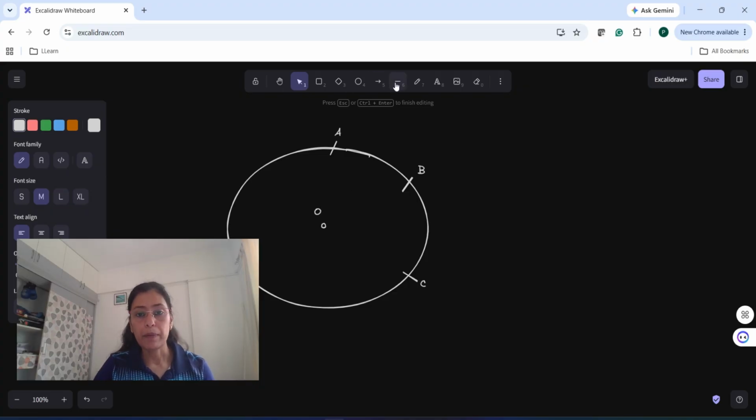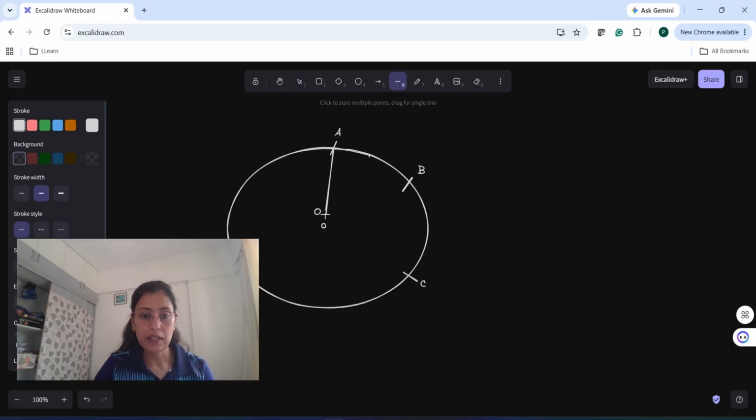Now, what I'm trying to say is this distance is OA. This distance is OB. This distance is OC. So all these three distances, OA, OB, OC, are equal. And only when all are equal, we can say that this O is the center of the circle. So what is the center of the circle?